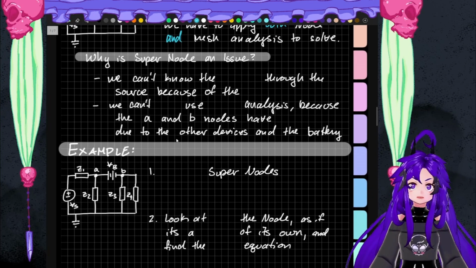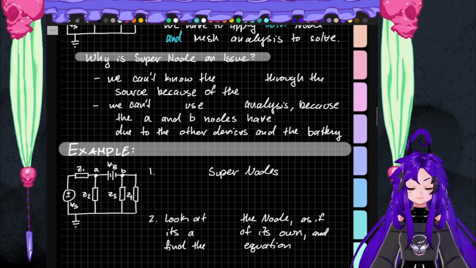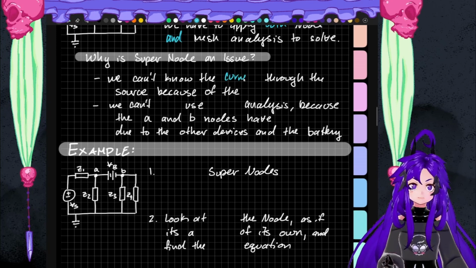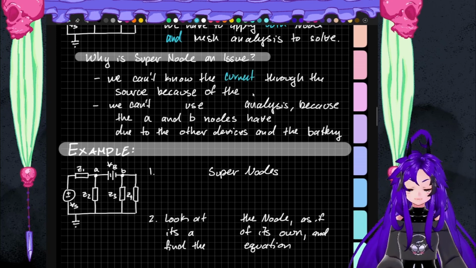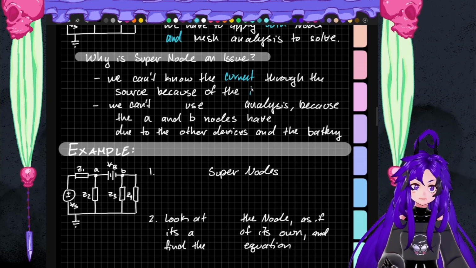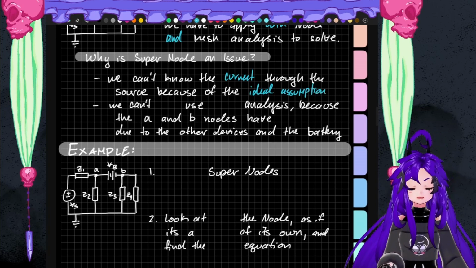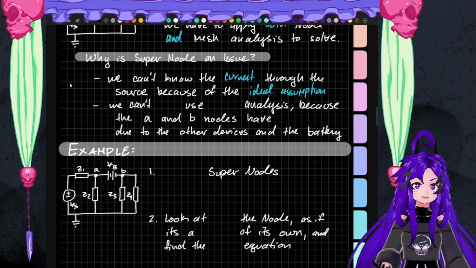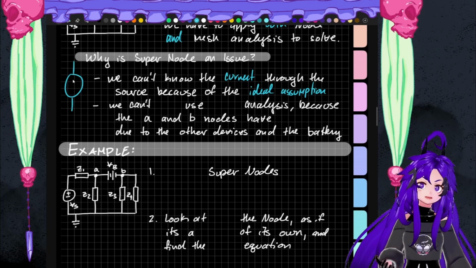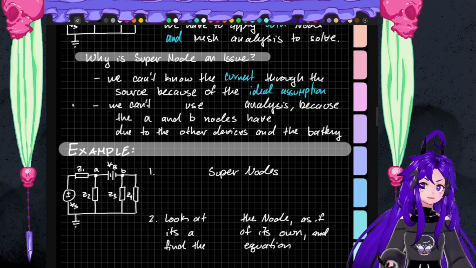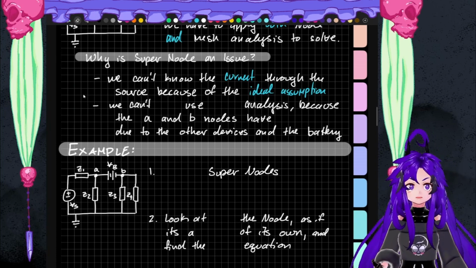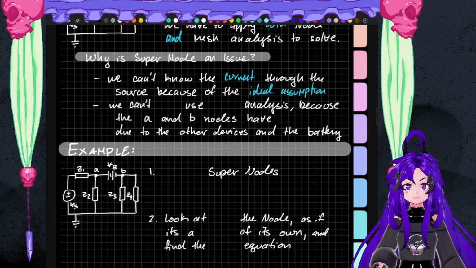So why is a supernode an issue? We can't know the current through the source because of the ideal assumption. Basically, since we decided that we're going to take all sources as being without resistance on the inside, they can provide whatever the heck they want, but we can't apply Ohm's law to it.